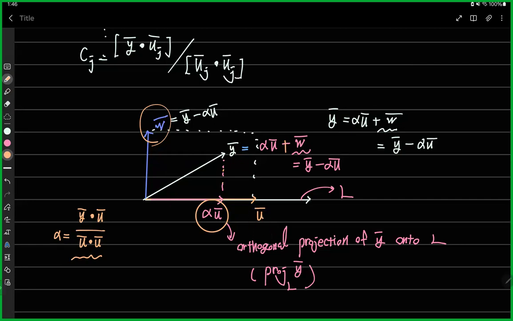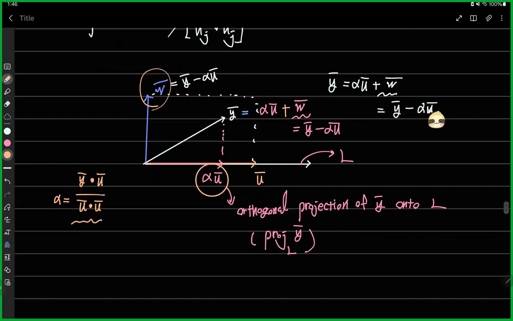So I just multiply by alpha. We're going to express y as alpha u plus w. Here w must eventually equal y minus alpha u. Then we're going to find out alpha.